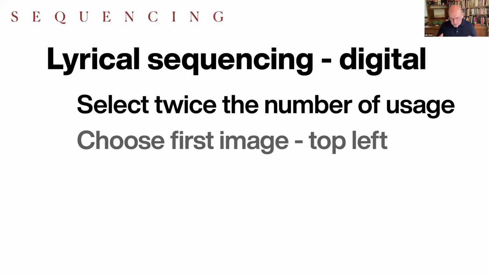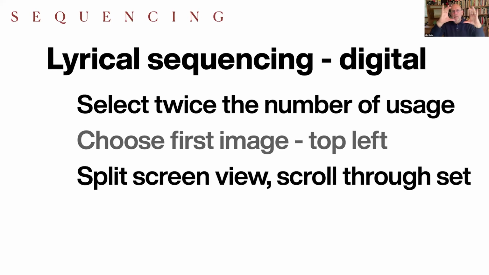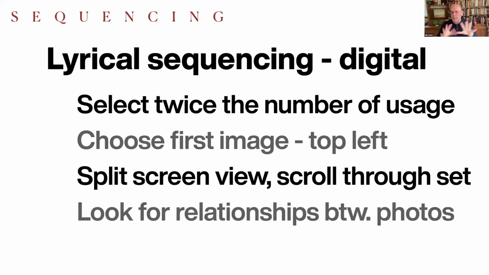So then the process in Photo Mechanic or Lightroom, you do a split screen view, put that first image on the left side of the screen, and then literally scroll through every other image on the right side. And what you're doing is looking for relationships between the photographs.